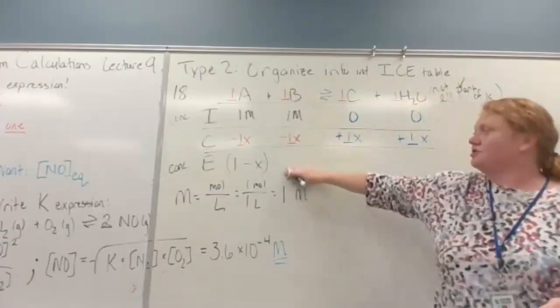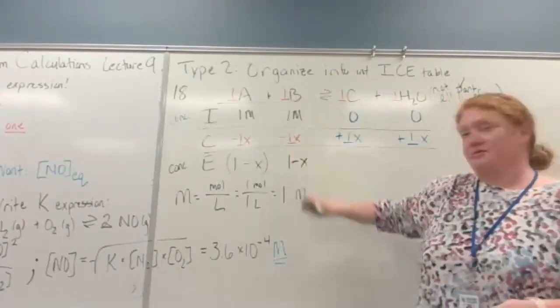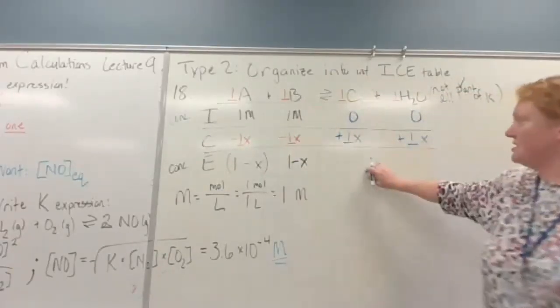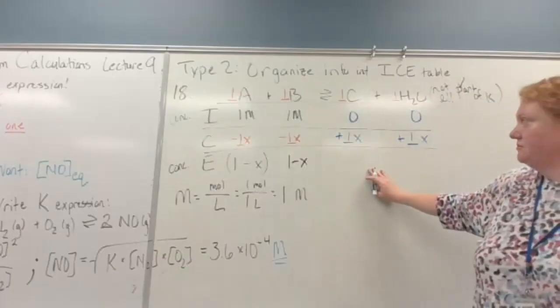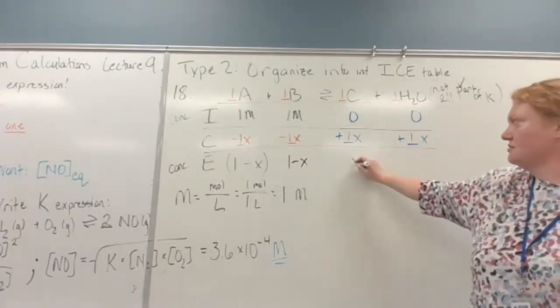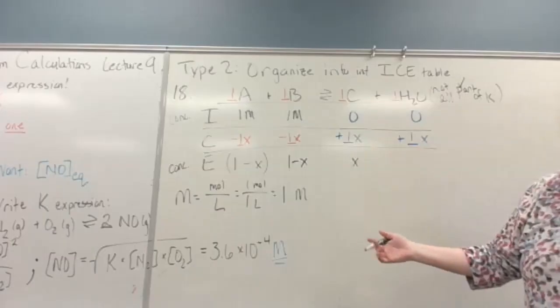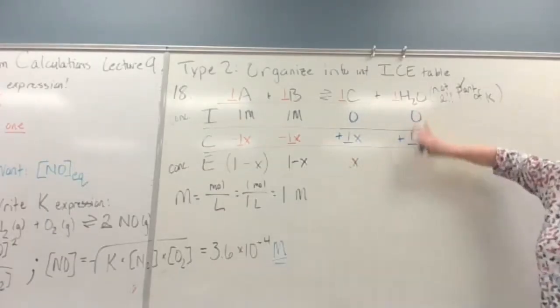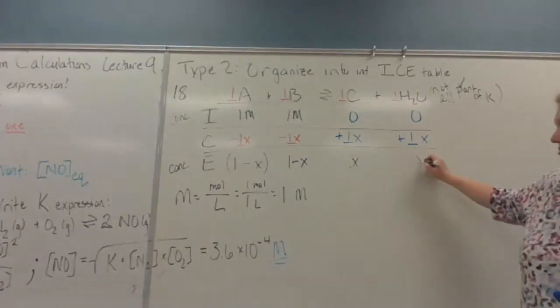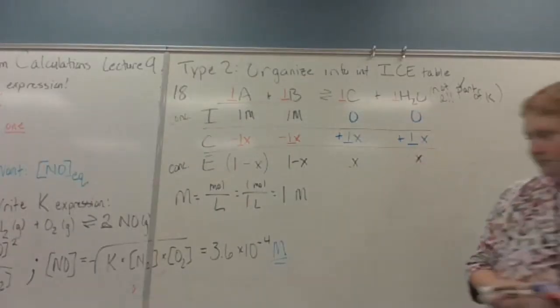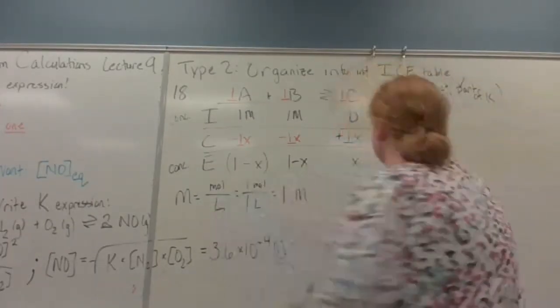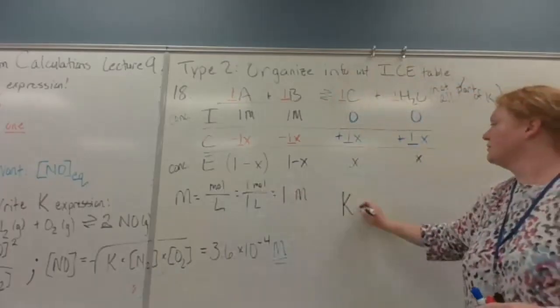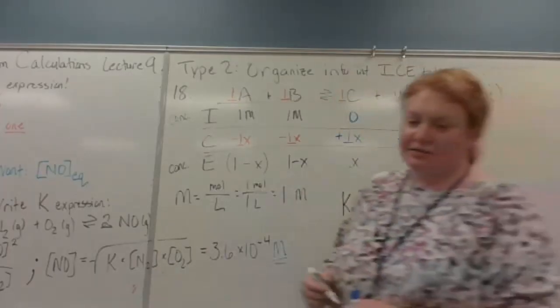What is this equilibrium concentration? Also 1 minus X. What is C's equilibrium concentration? Just X. 1X, just X. And D, or my water, also just X. What do I say to do next?